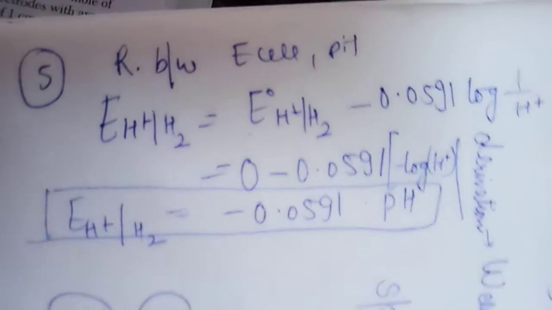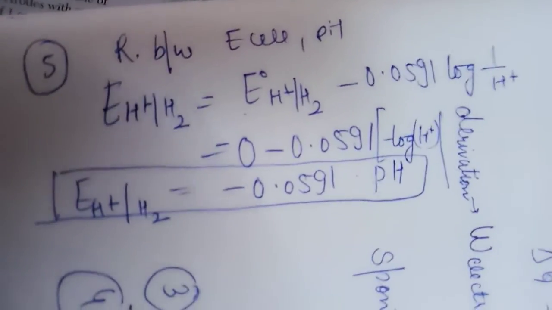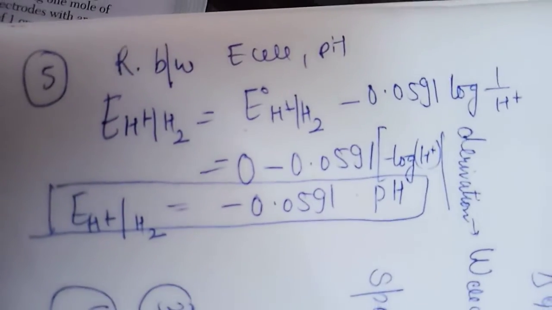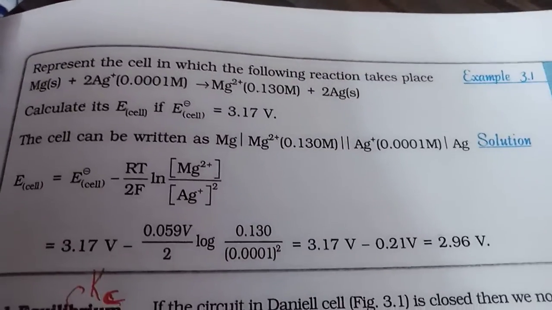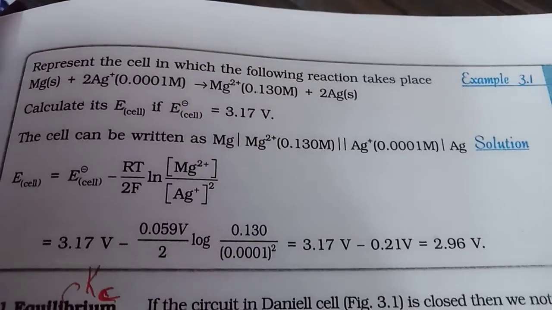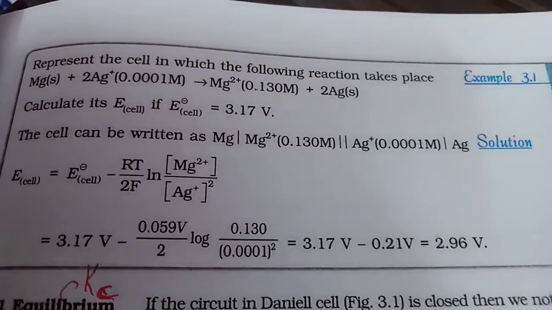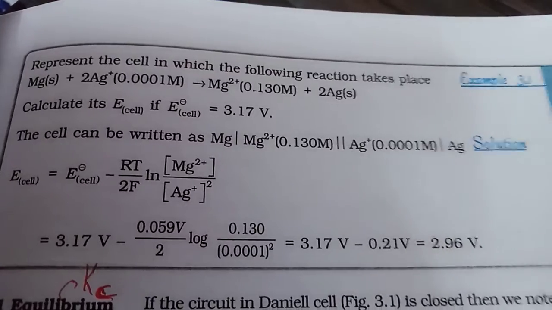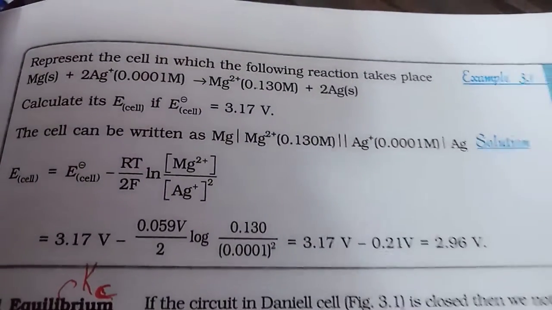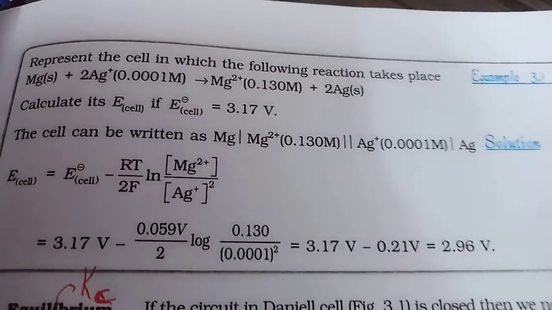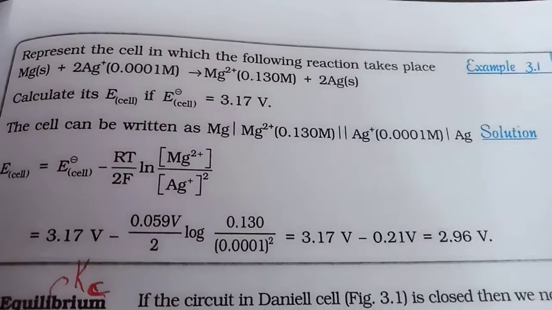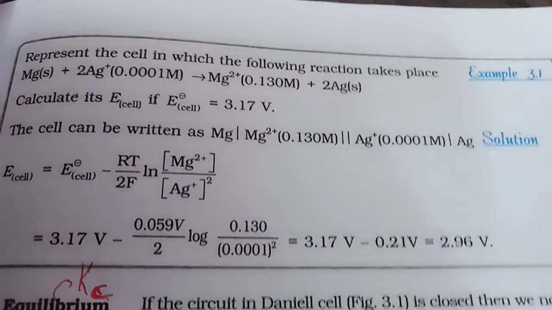So we have completed the Nernst equation. Let's head toward the formulas practice with the help of NCERT numericals. Example 3.1: represent the cell in the following reaction. It is Mg solid plus 2Ag positive having the concentration of 0.0001 molar, giving rise to products Mg2 positive having 0.130 molar plus 2Ag solid.